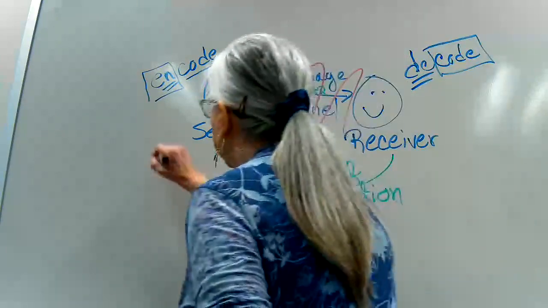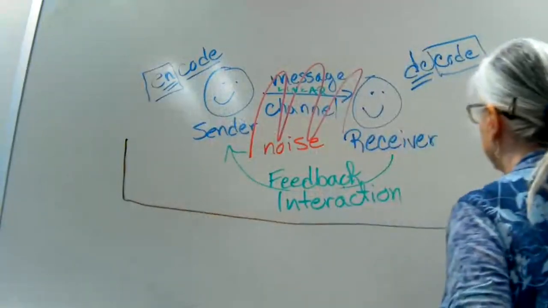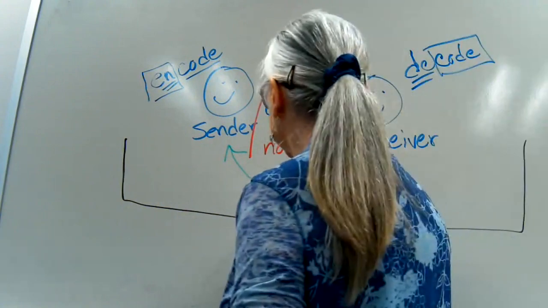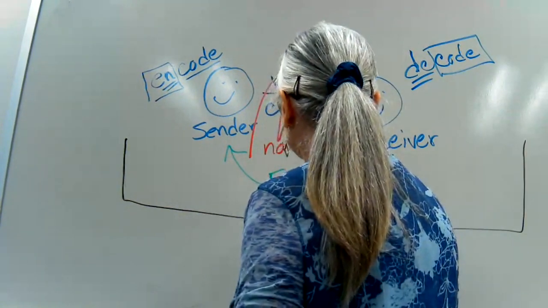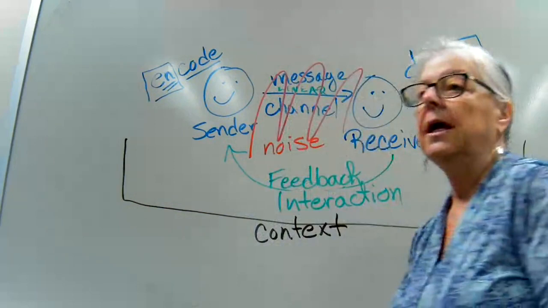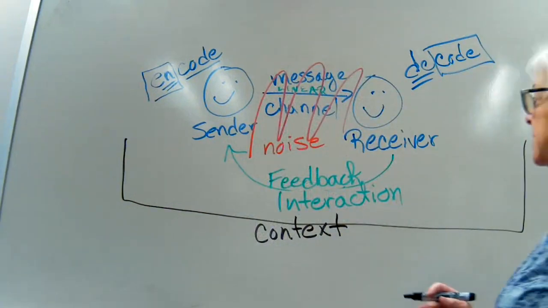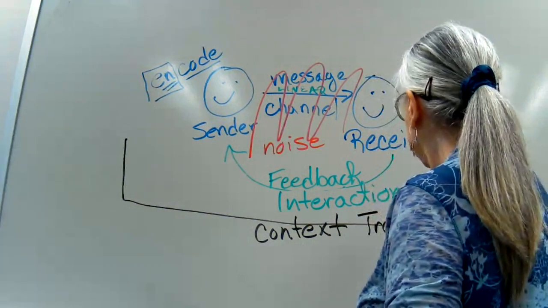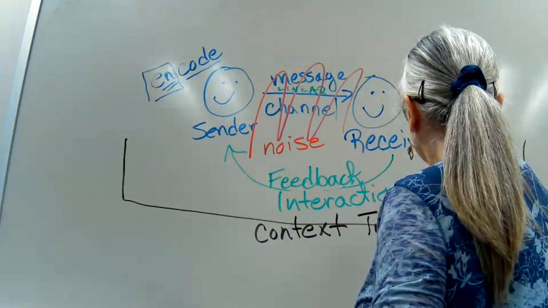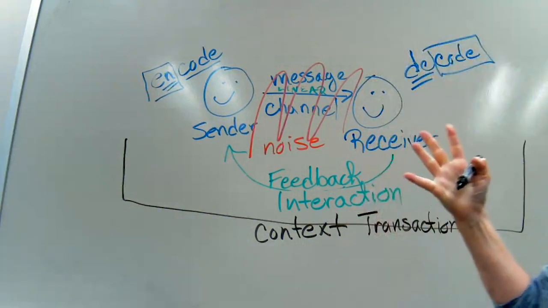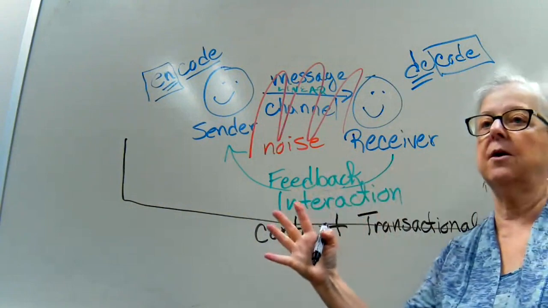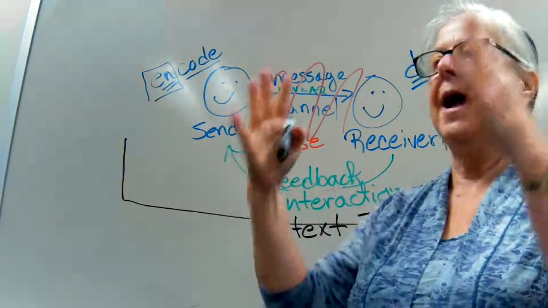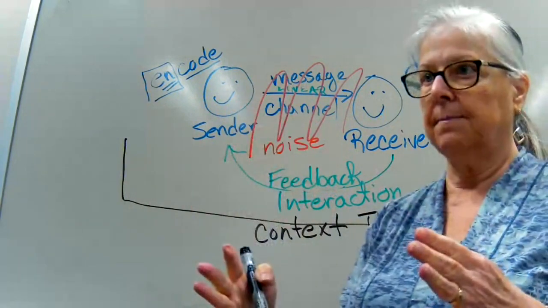Okay, so here we have what's known as context. And when we look at transactional, we're going to broaden our lens of understanding all of the different elements of communication that are occurring at the same time.